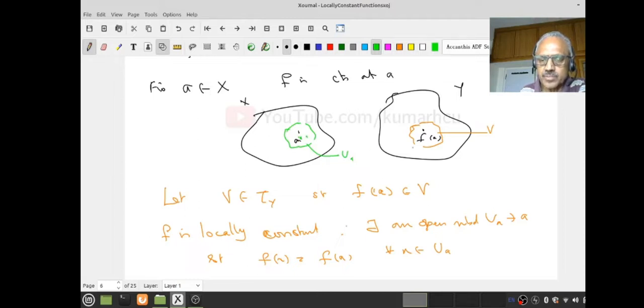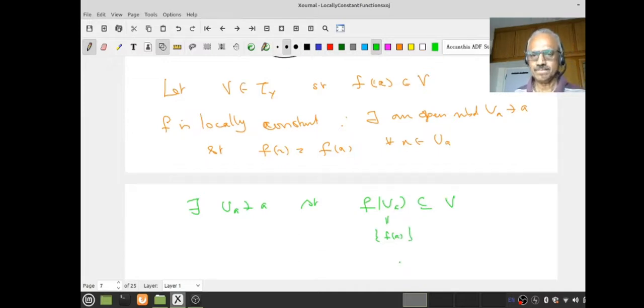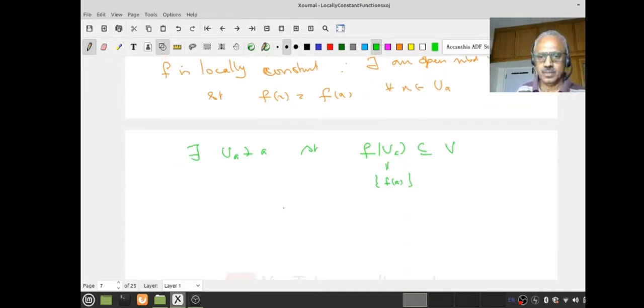What is its value? f(a). Therefore, what I have shown? There exists U_a containing a, an open set, so that f of U_a is contained in V, because this is all a singleton f(a). So I have proved any locally constant function is continuous.